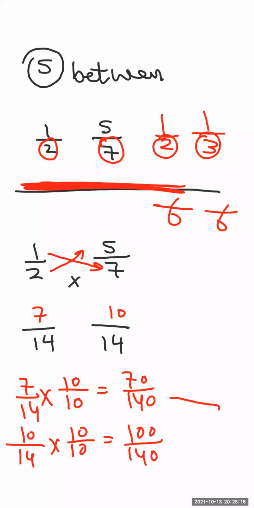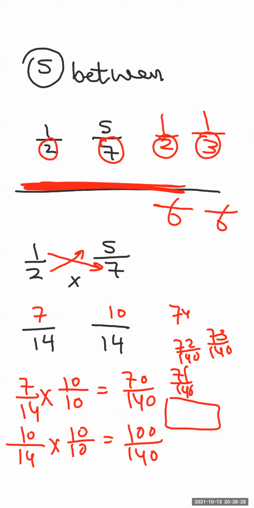So now there are too many numbers between 70 and 100 over 140. You can write down 71 over 140, 72 over 140, 73 over 140, 74 over 140, 75, 80 over 140, 90 over 140, 100 over 140.